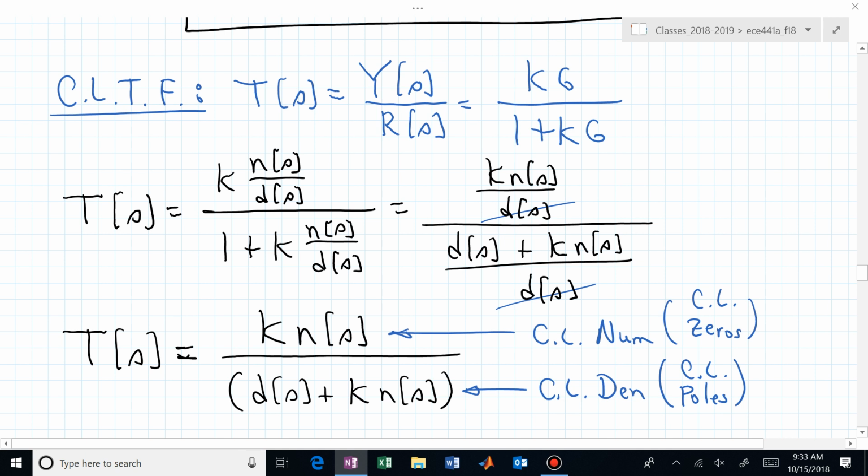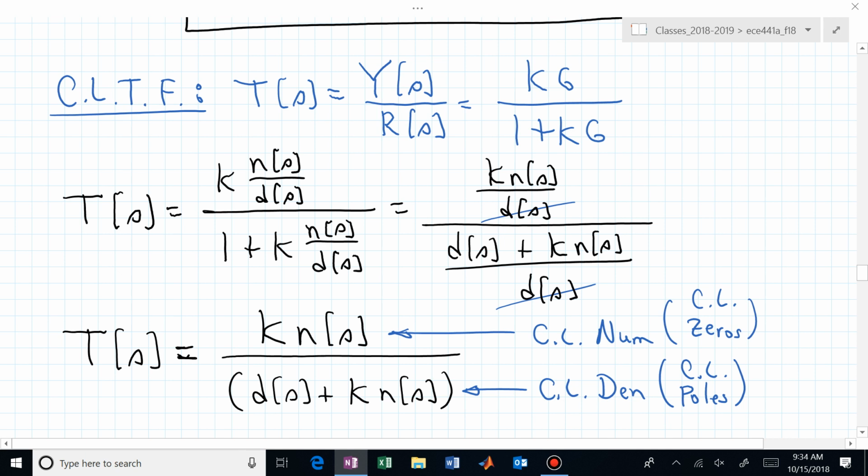That adjusts the roots that occur in that denominator polynomial by adjusting just one parameter K. But it depends, obviously, on where we started, which was the open loop pole factors and the open loop zero factors. It's D plus K N of s. And I hope you can see from this slide where that comes from.